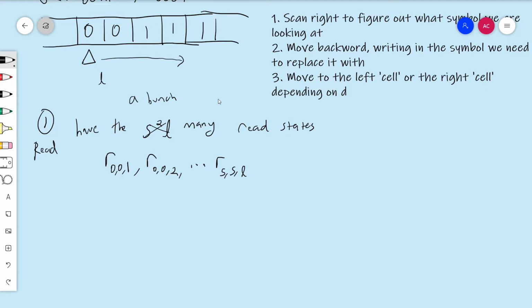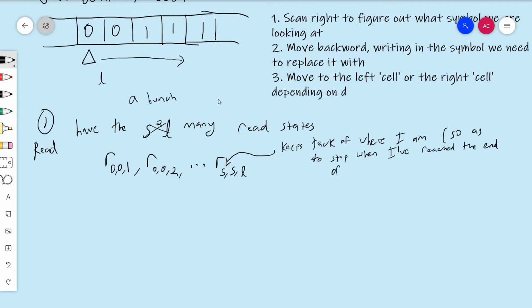This one keeps track of where I am so as to stop when I've reached the end of a cell.